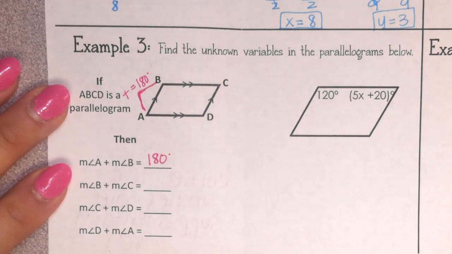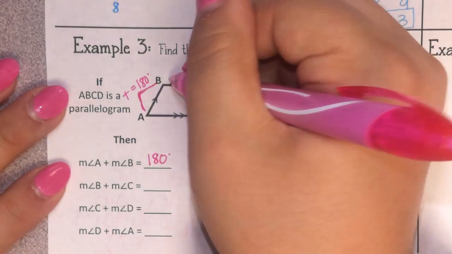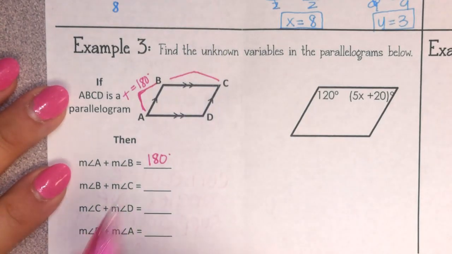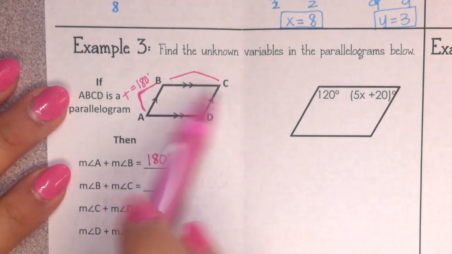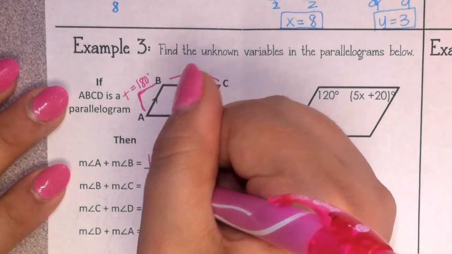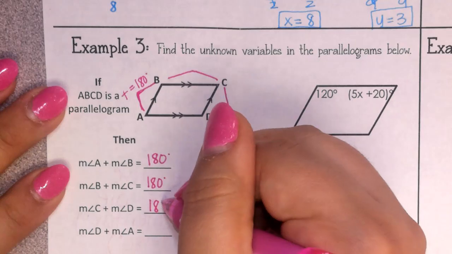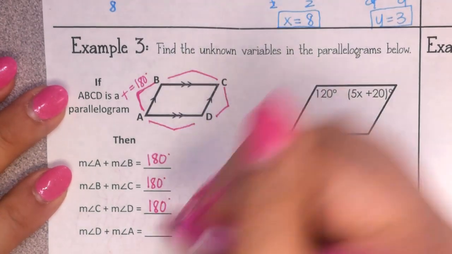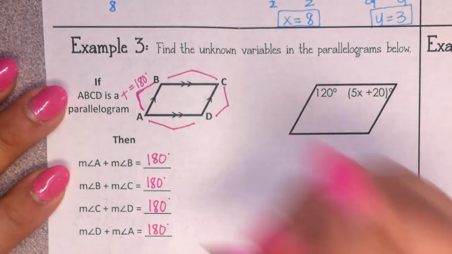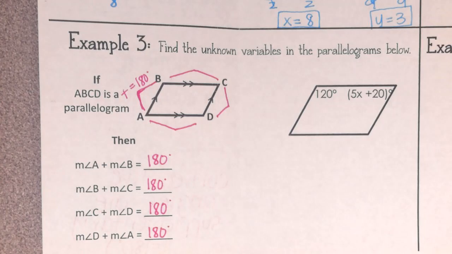Maddox, Angel, write this down. What about when you add B and C? When you add B and C, what are you going to get? 180. And C and D? And A and D? Bless you. If they're next to each other and you add them, you are going to get 180 degrees. Vice versa.